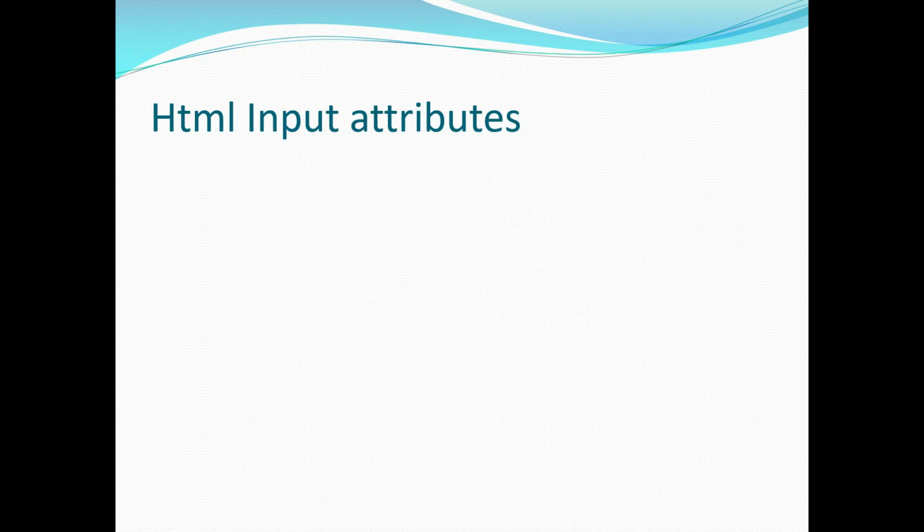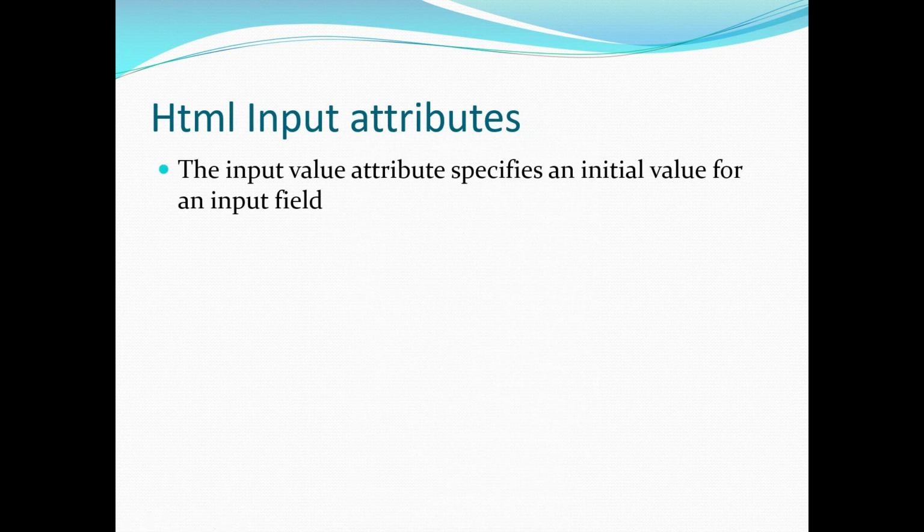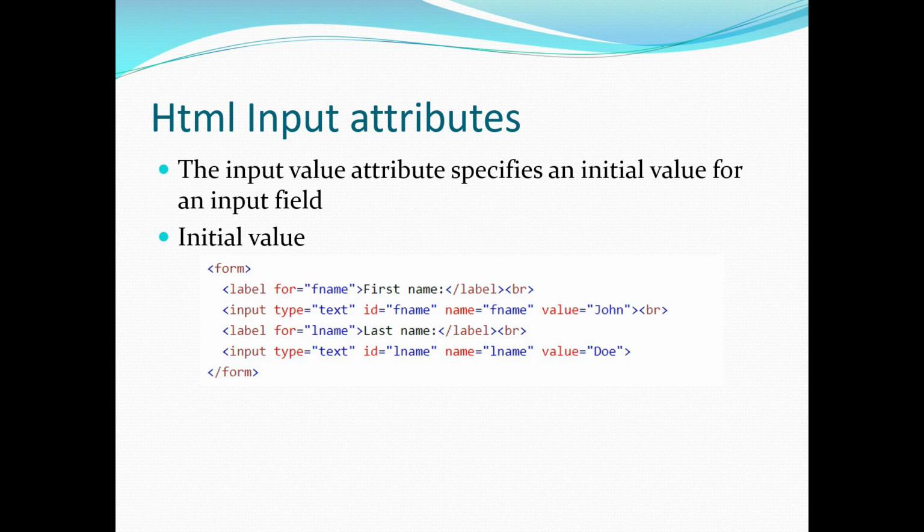So HTML input attributes. The input value attribute specifies an initial value for an input field. Okay, so inside the input there is a value attribute. This specifies the initial value for an input field. For example, this is a form, and it has a label that is first name, and after that label there is a text input field, and its initial value is John.